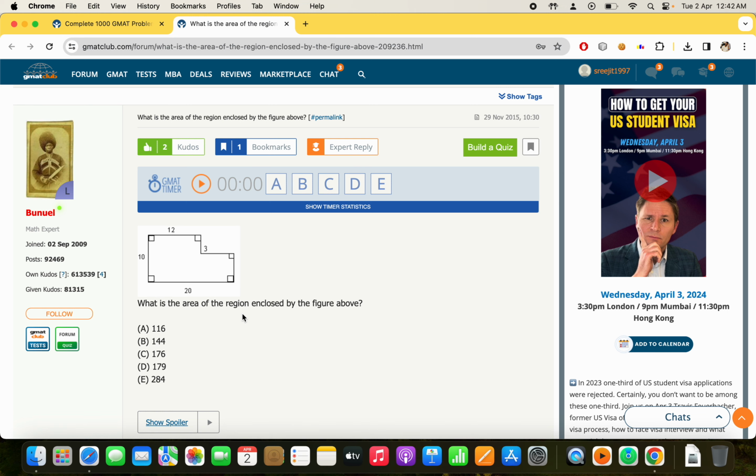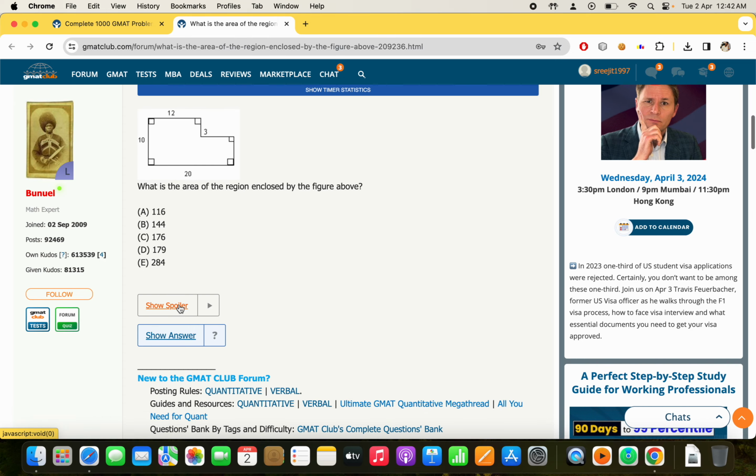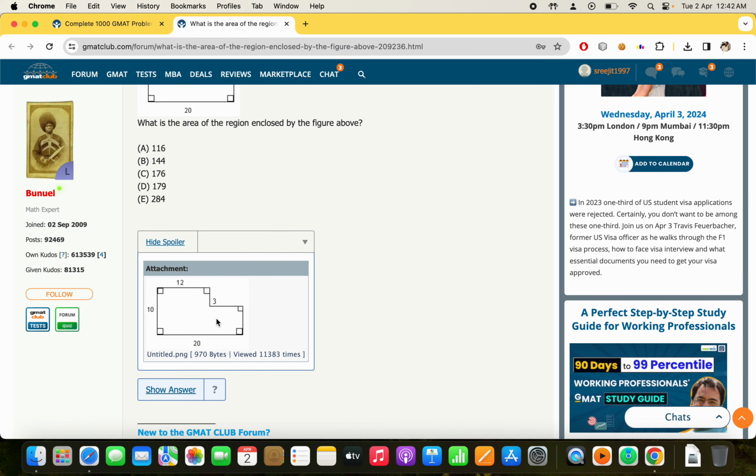We can definitely guess the length of the small parts. 20, so that's the length of 3. Okay, let's see the spoiler of this part. If that length is 3, this part will be 3.